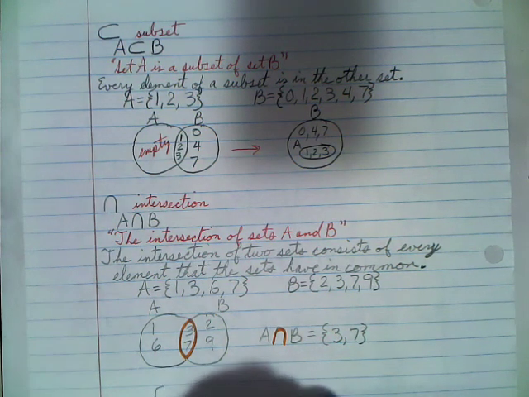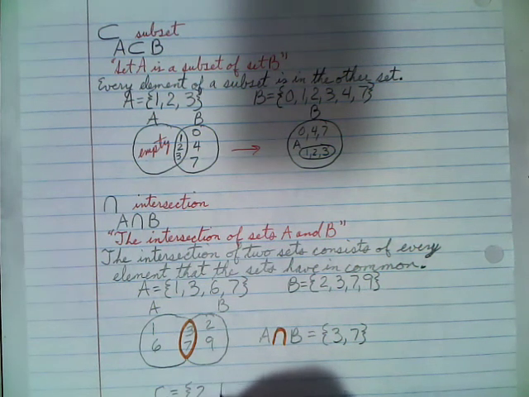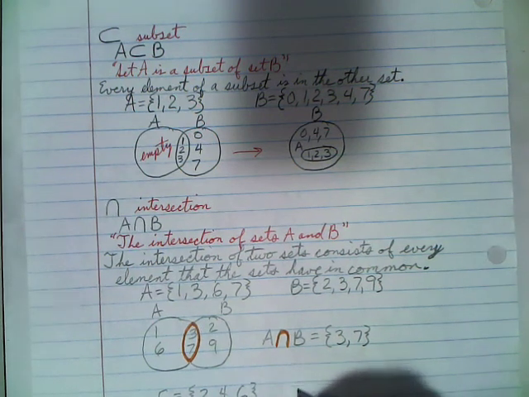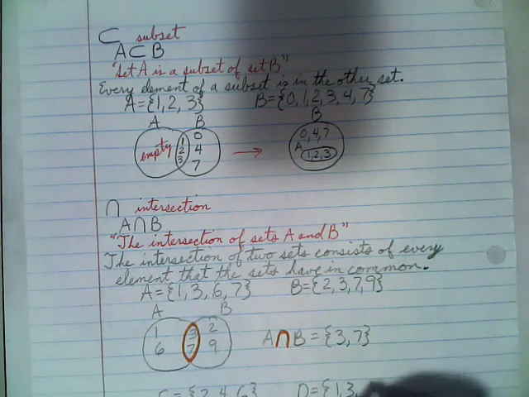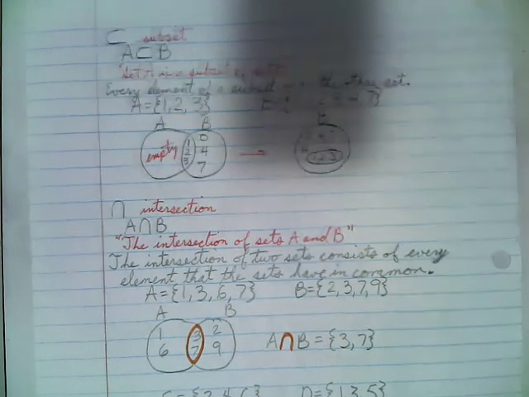Looking at another example, let's say we have set C, which was 2, 4, 6, and then set D was 1, 3, and 5. So again, a Venn diagram can be helpful here.